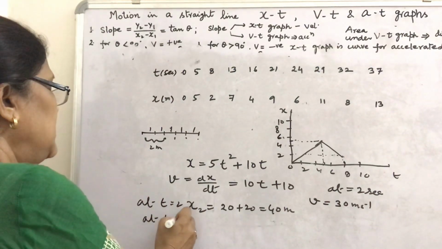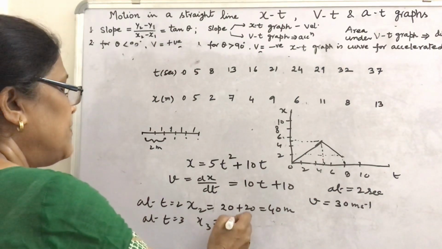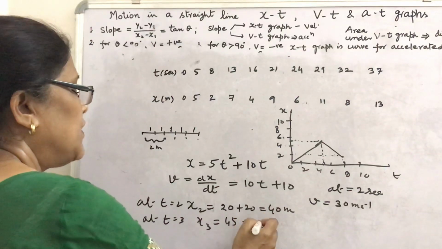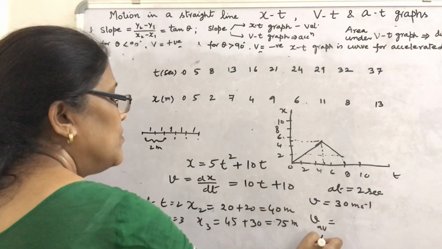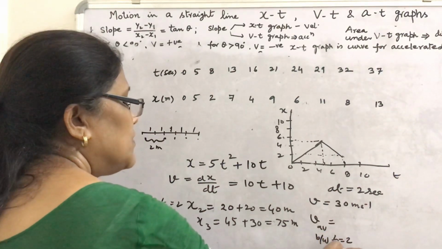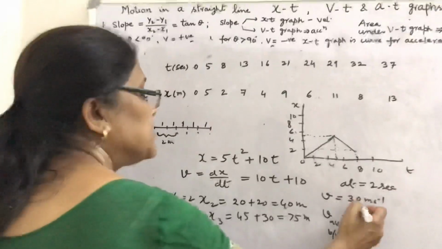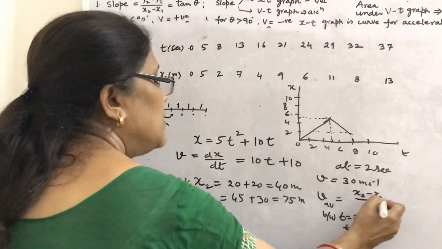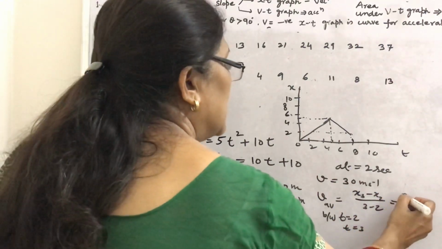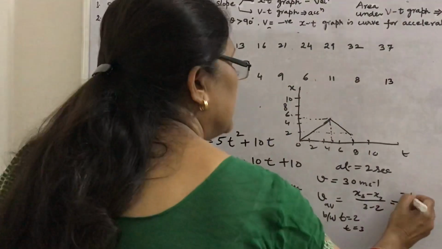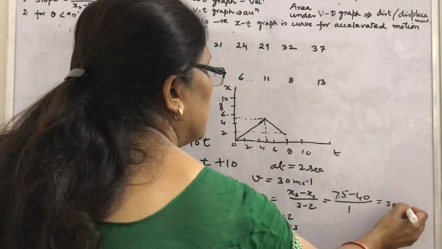At t equal to 3 seconds, x3: 3 threes are 9, 9 fives are 45, 45 plus 10 into 3, 30, so it will become 75 meters. So the average from t equal to 2 to t equal to 3 seconds: how will you find this? x3 minus x2 upon 3 minus 2. 75 minus 40 upon 3 minus 2, which is 1. So this will be 35 meters per second.